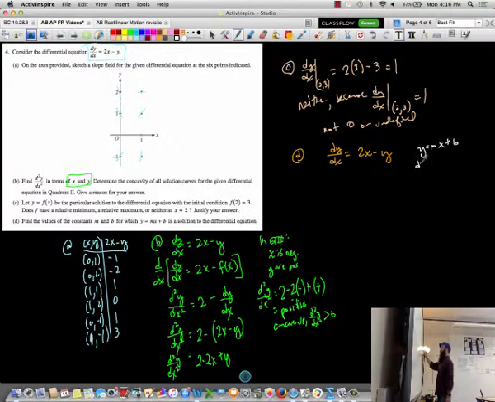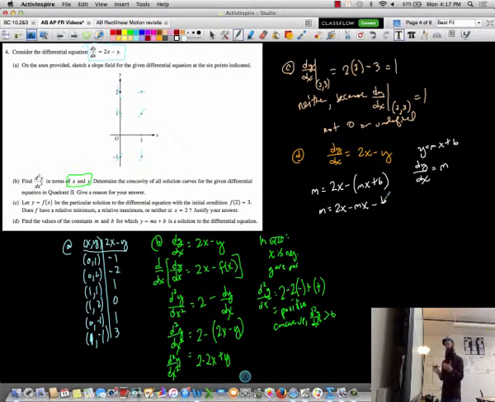So I'm going to take the derivative of this. And remember, m and b are constants. They tell you that in the problem. So the derivative of mx would be m, and the derivative of b would be 0. Now I'm going to plug this information into the differential equation. So dy dx would be m equals 2x minus y, which is the function itself, which will be mx plus b. So I'm going to distribute that negative.